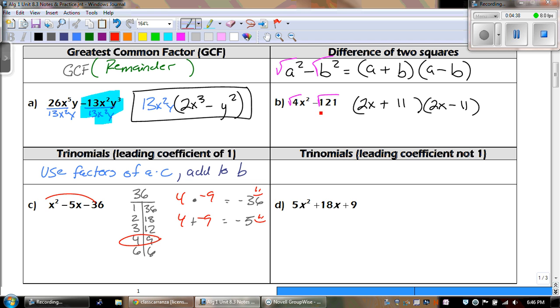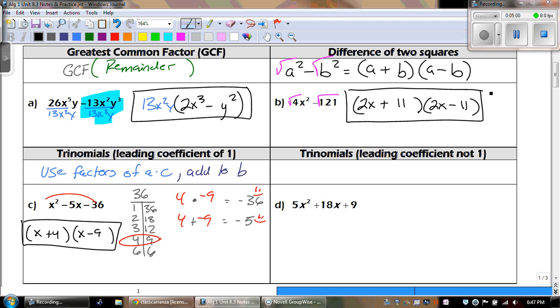Okay, and can we do the shortcut on this one? Yeah, because my leading coefficient is 1, we can do the shortcut here. So we get x plus 4, x minus 9. And always remember to put a box around your answer.